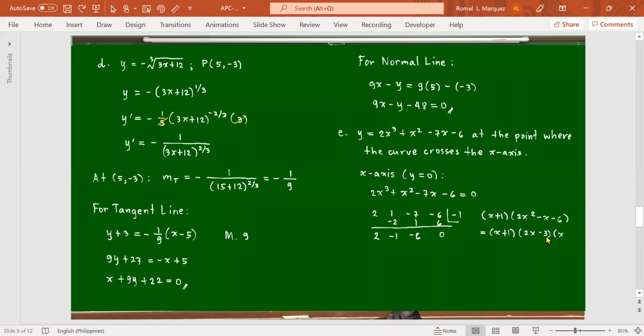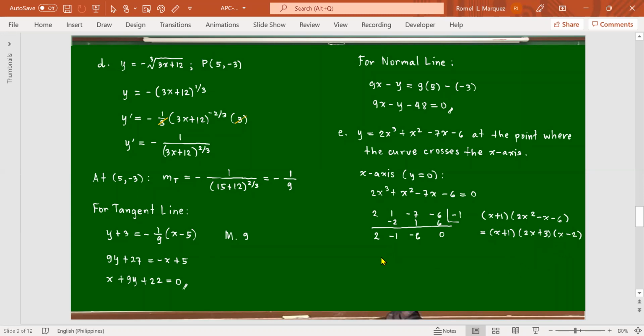Is that right or wrong? The other way, sir, because your x is negative. Okay, so what's that? 2x plus 3, x minus 2. Yes. And then, I think 1 is plus, no? Okay? Okay now? Yes, sir.